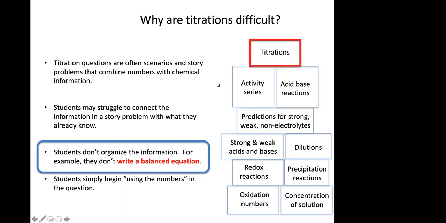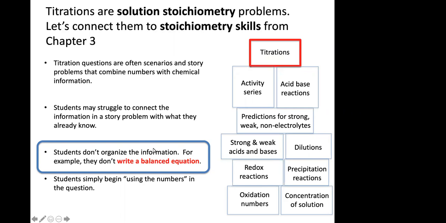So let's just make that our first plan. When we're trying to do solution stoichiometry, let's always first start with: what is the balanced equation? Because if we have a balanced equation, we can think about it like we did back in chapter 3. With chapter 3 stoichiometry, we looked at a lot of different ways that we could have reactants combined. Same thing here. The key step is that all of those included a balanced equation.